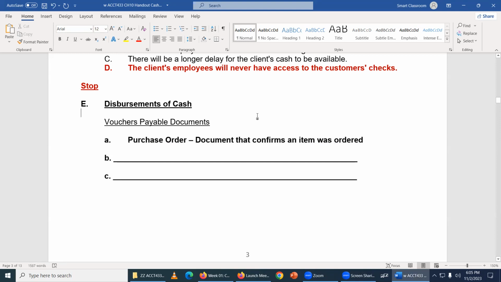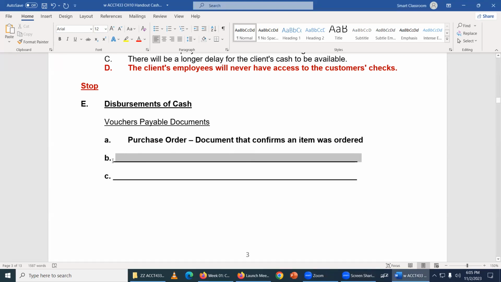So if you want to order something in a company, you have to have a reason to do it, and a purchase order will spell out who's ordering it, why they're ordering it. The purchasing department will set up who they buy it from. They might get bids for it, depending if it's not a normal item. They have to get competitive bids for it. And anyway, it's a way to document that something has been ordered.